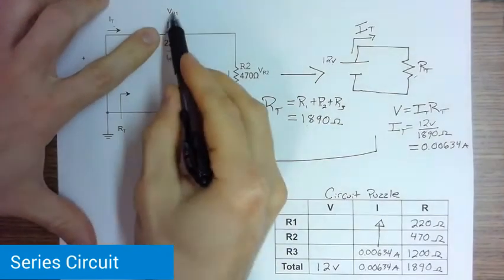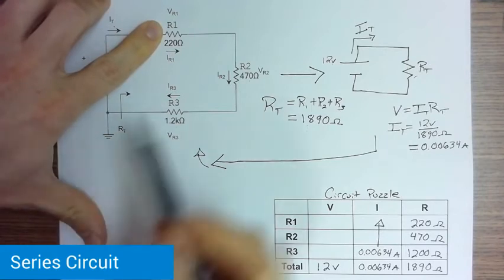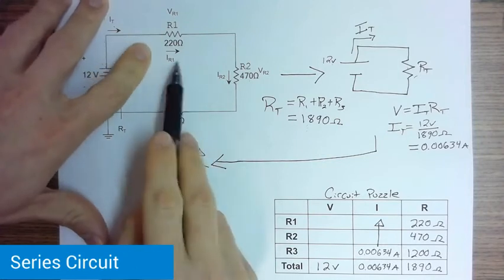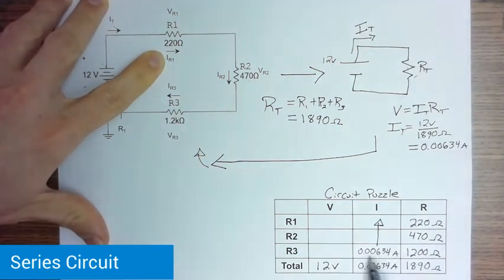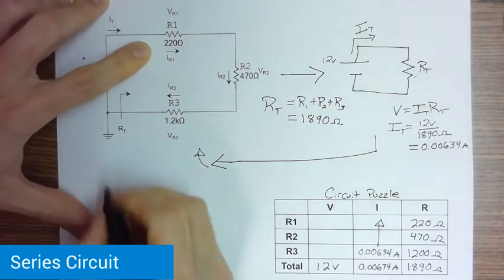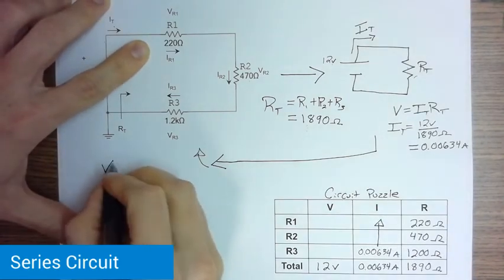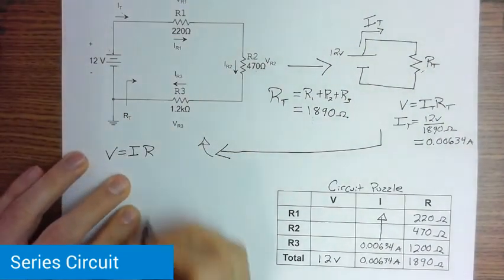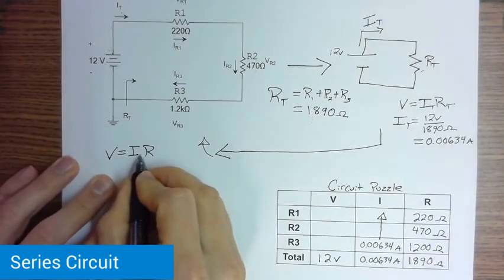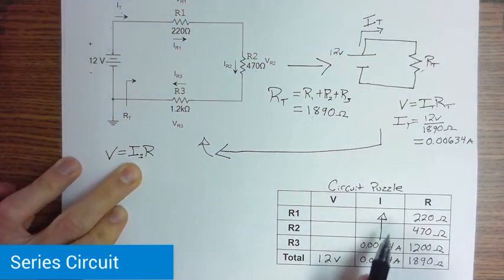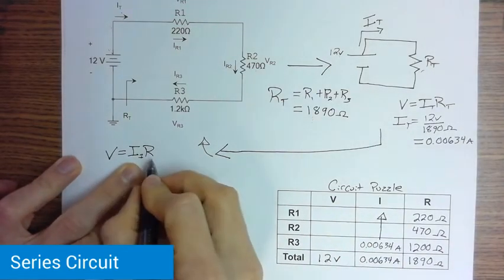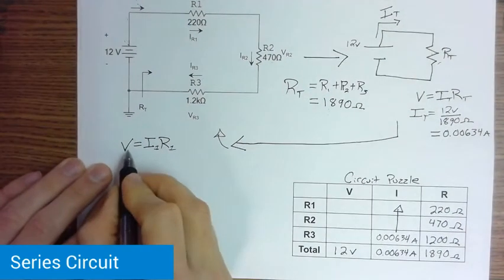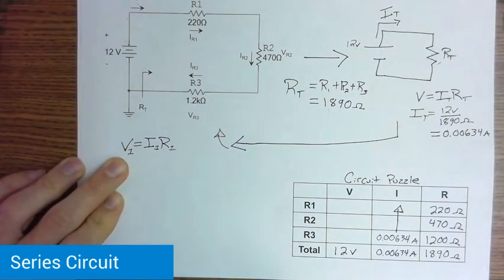So if we take our first resistor, we know we have a resistance of 220 ohms, and we know we have a current of 0.00634 amps. So for V equals I R, we have to look at each individual component. So let's look at the current through resistor 1, which is equal to the total current, and the resistor number 1. So this will give us the voltage drop across resistor 1.